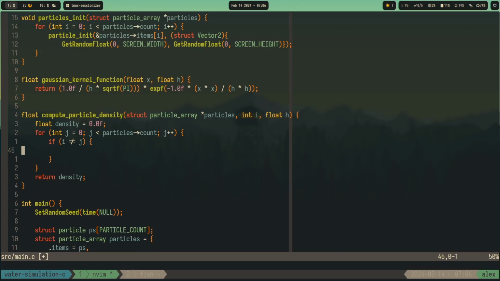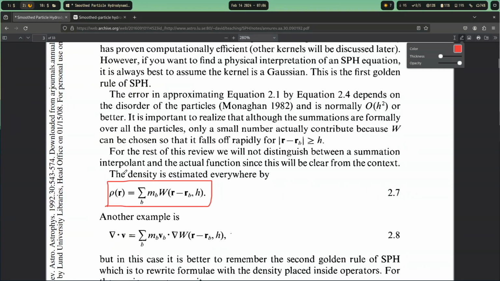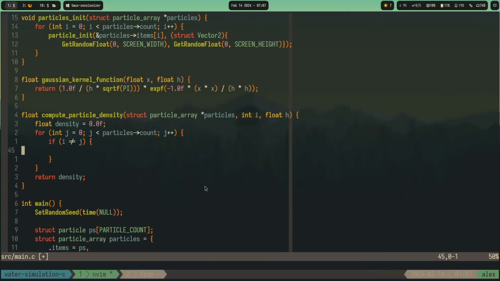So we need the mass of the particles, also this h thing. The mass will be constant, the h will also be a constant.